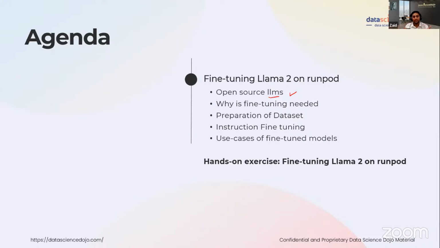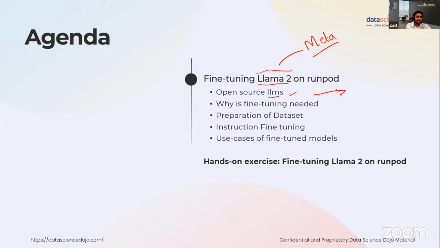It has a leaderboard, which I'll show in a few minutes, with all the top open source models, and there is no doubt that Llama 2 is on top of all those open source large language models. Llama 2 is an open source LLM that was launched by Meta, previously called Facebook.